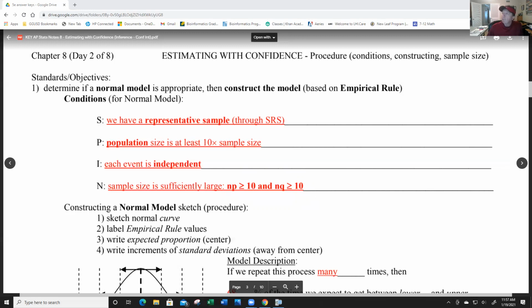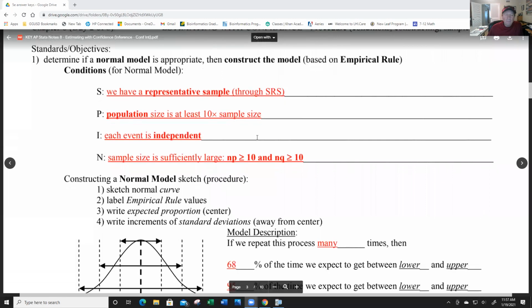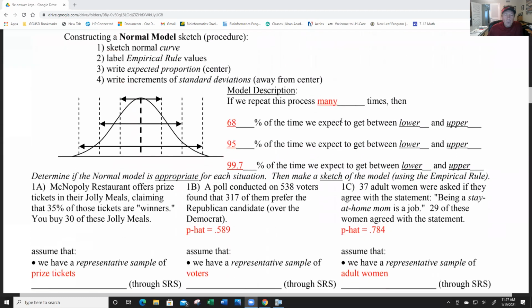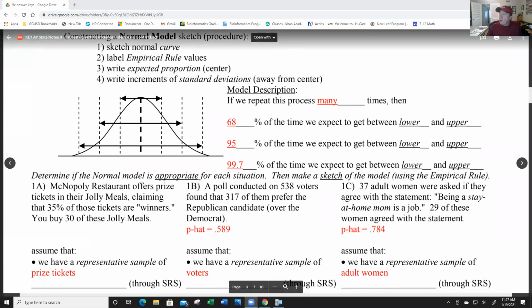Okay, now I'm gonna walk you back through some review stuff as well. So a normal curve. Remember, on a normal curve, 68% of the time you'll get between 1 standard deviation of the mean.